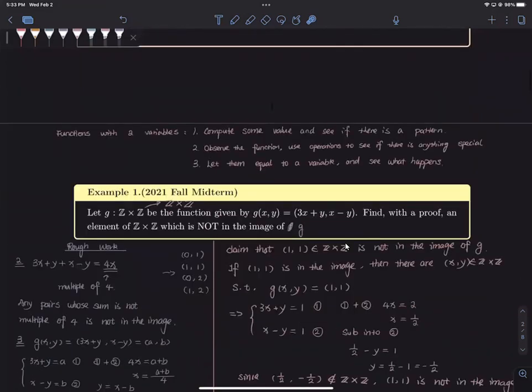Now go to the tips. And now I want to add another tip because I forgot about it yesterday. Now I remember. Sometimes it's really helpful to fix one of the variables.